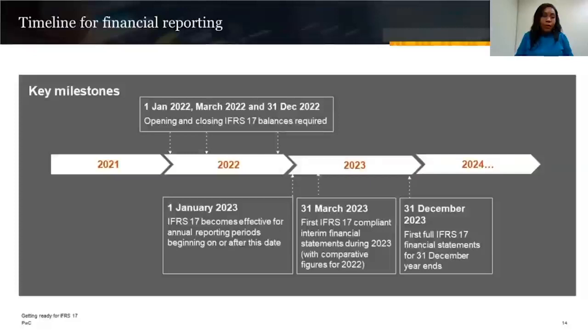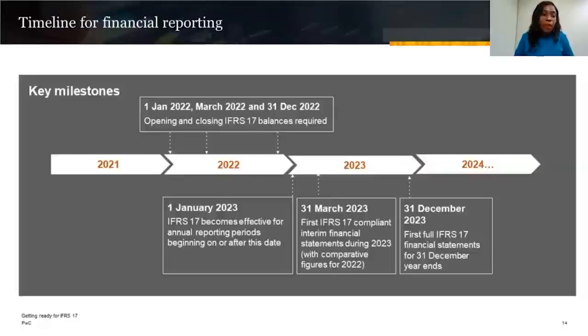So then I already explained the premium allocation approach, where you recognize your premiums received as unearned premium, and then you amortize them over the life of the contract. And that is for your unexpired risk. And then the variable fee approach is basically a modification of the building block approach.